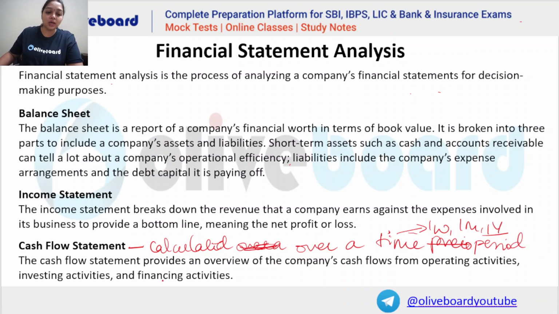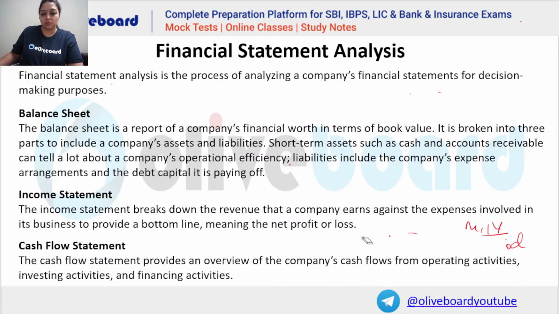Right? So in cash flow, there are two types of cash flows. First one is cash inflow.